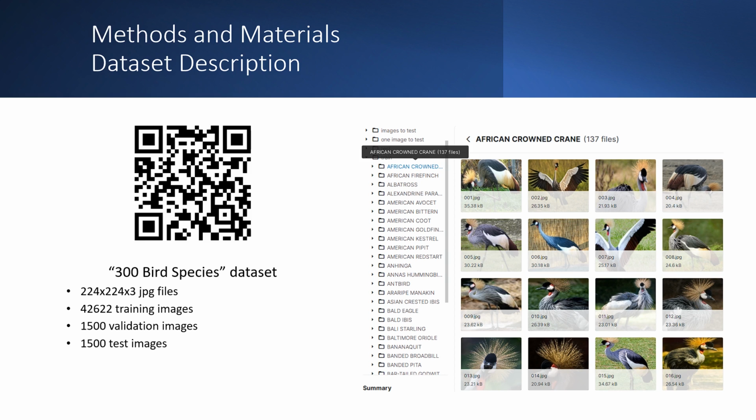You can see the number of 100 classes in the link, but now there is a version of the dataset with 400 classes. By the way, at the time of conducting the experiment, there were only 300 classes. The dataset is divided into 3 parts: train, validation, and test images of the same size.